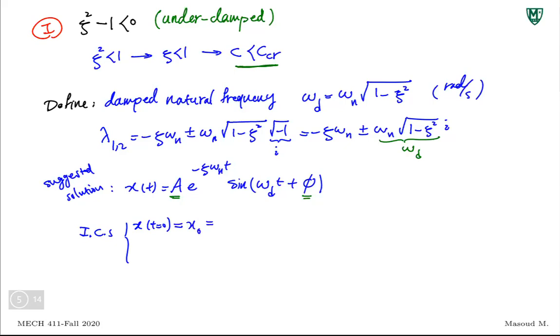Well, plug in t equals 0 into the suggested solution. This is a general solution, so it has to be valid for every moment during the motion. This moment I'm considering is the moment that the motion starts. So at t equals 0, we get rid of this one. This becomes A sine phi. That's pretty much it.